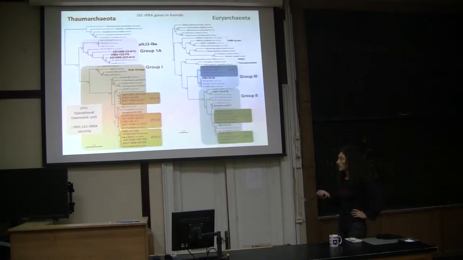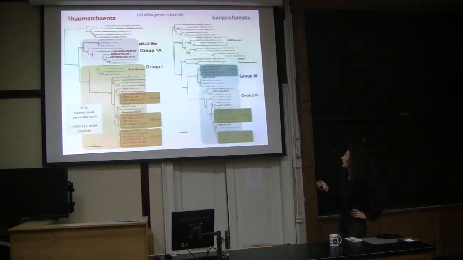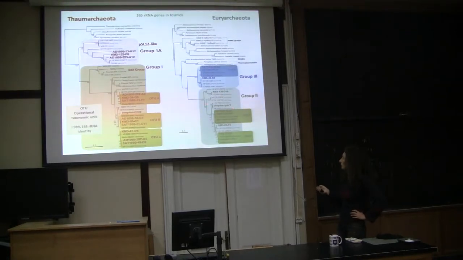And we identified a series of OTUs here, belonging both to the Archaea and to the Eukarya, to the different groups, 1, 2, 3. And some of these OTUs were really abundant and cosmopolitan, because we have nearly identical sequences from the Mediterranean Sea, from the South Atlantic, and also from the Pacific, meaning that these are cosmopolitan OTUs.